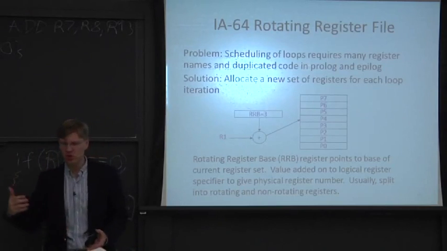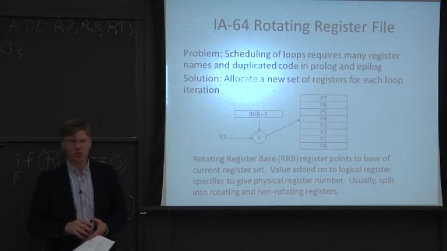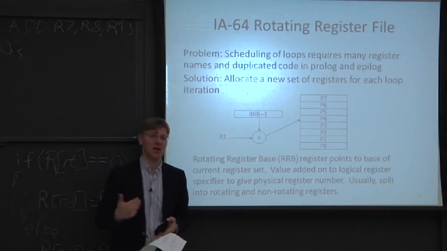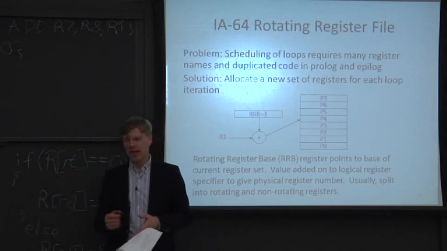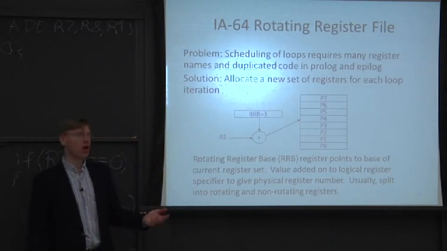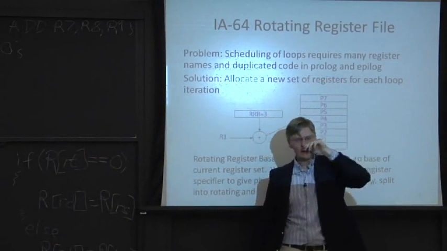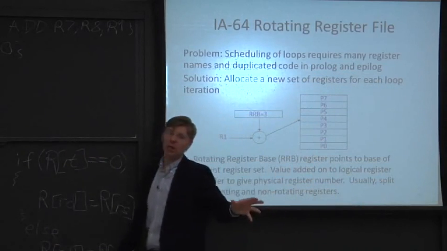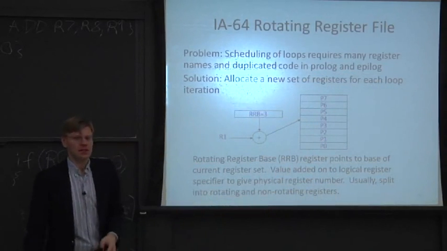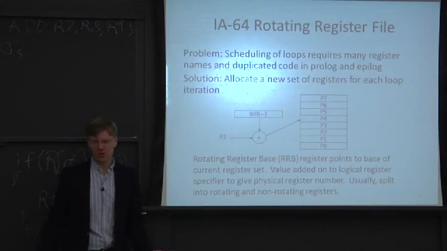But when you do this, it increases your register pressure, or increases how many register names you need to use. And as we saw, you have to add extra special code in the prologue and the epilogue, which are different than the main loop body.